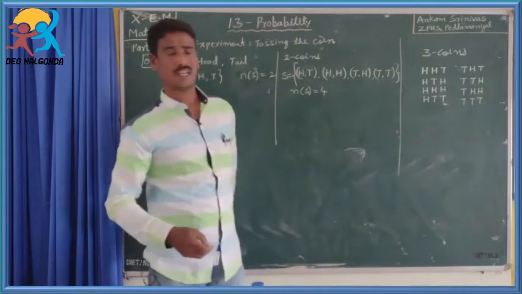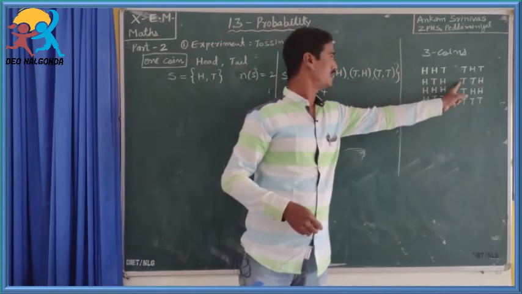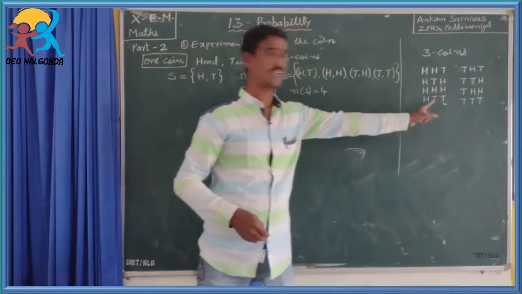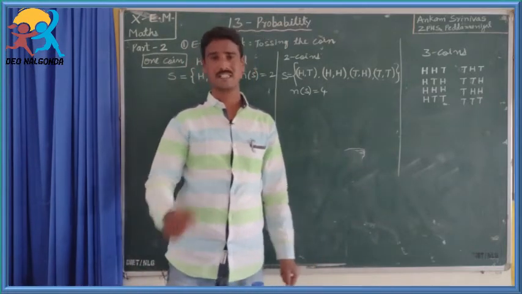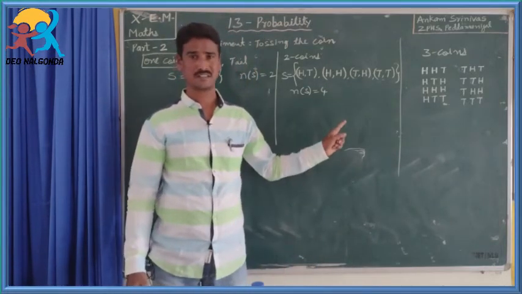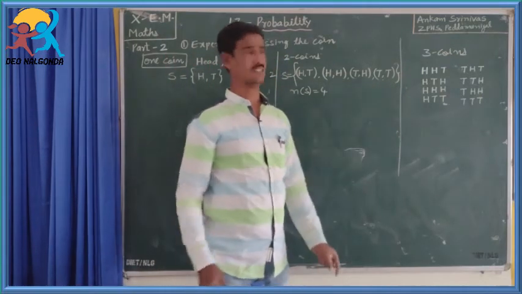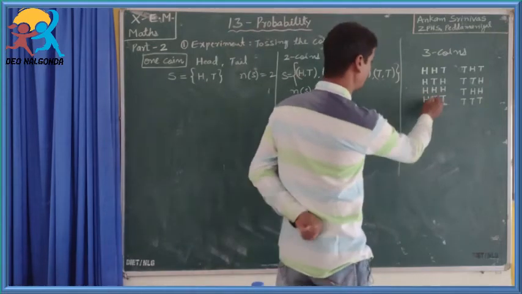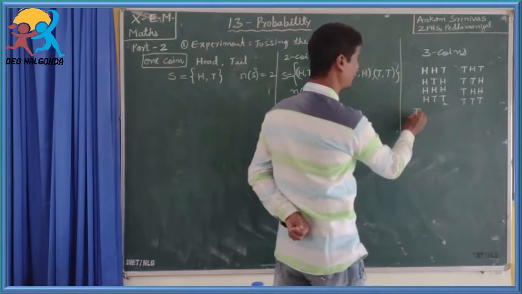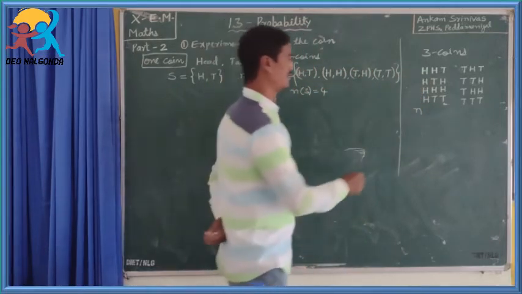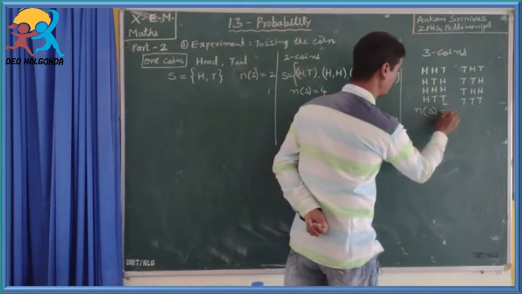Here we got a total of 1, 2, 3, 4, 5, 6, 7, 8. Is there any other choice when you toss 3 coins? Let you think. No, we got only 8 outcomes. So the sample space contains 8 elements, and n of S equals 8.